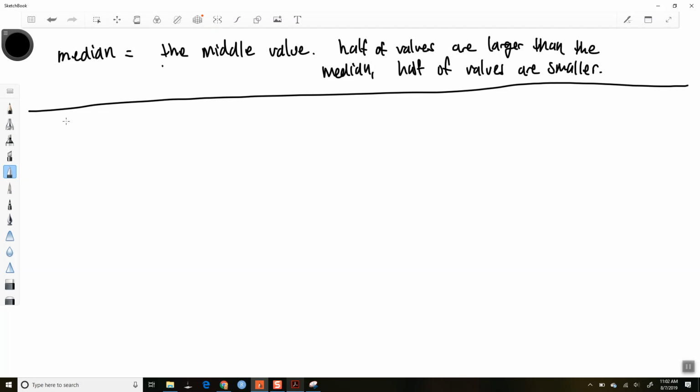So backing up, the mean and the median help us describe where the center or the middle-ish is. This idea of typical, what's a central value. So we'll say the mean and median describe the center or what might be considered typical.